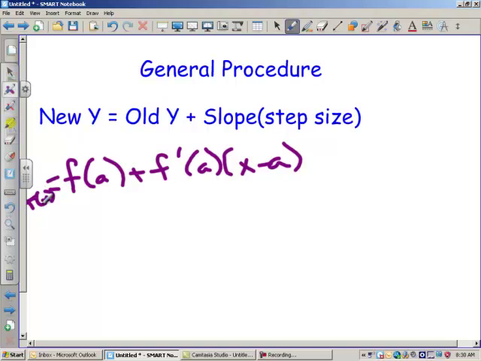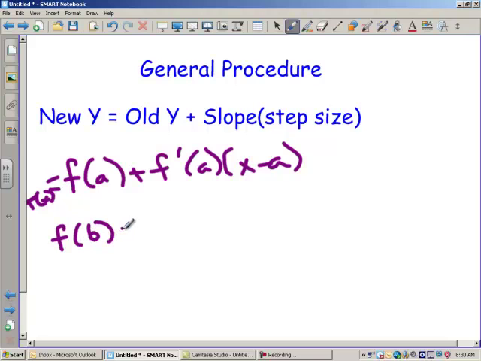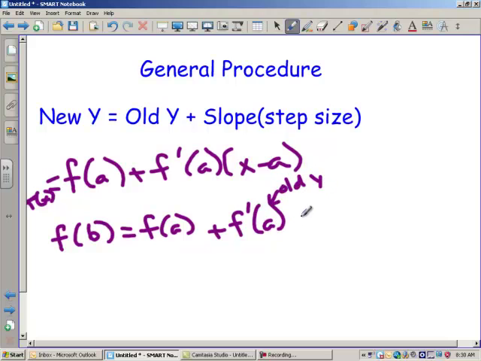What we're going to do is say that our new y, or f of b, is equal to f of a, that's our old y, plus the slope, f prime, at the old point, times, and we're just going to call x minus a our delta x, or our step size. This is still a tangent line approximation, except we're going to have these little baby steps, and the step size is going to be those baby steps.